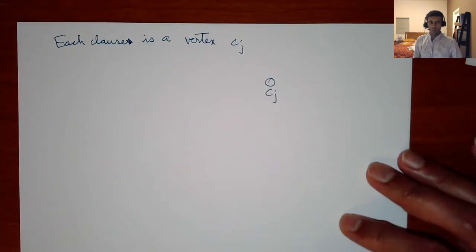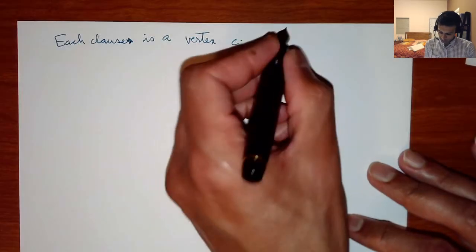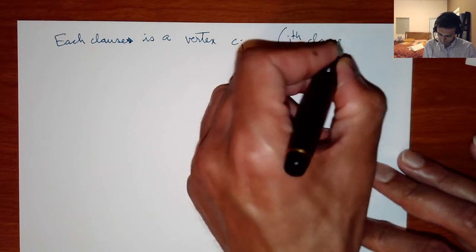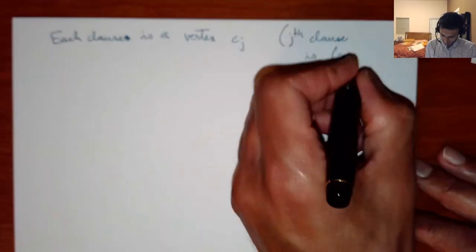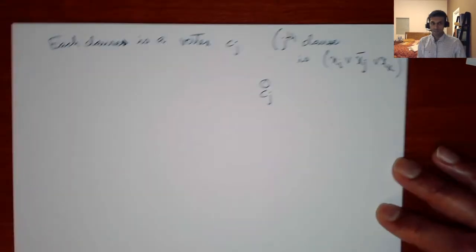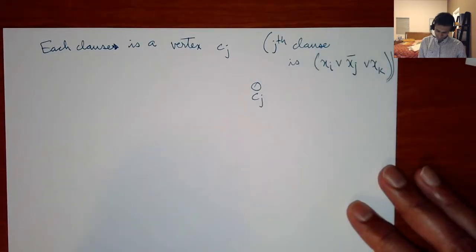Now here is what I'm going to do in the construction. Suppose the jth clause is xi or negation of xj or xk. I'm going to show you how to connect these together.